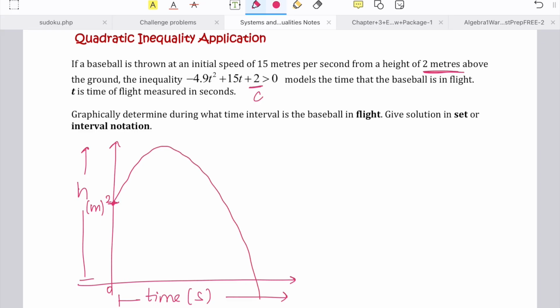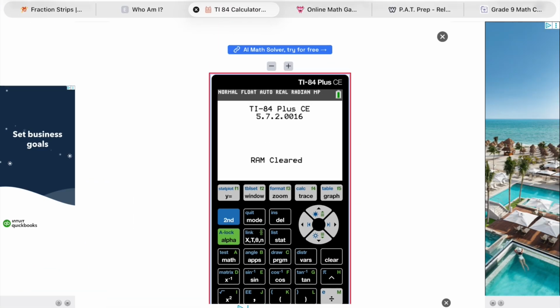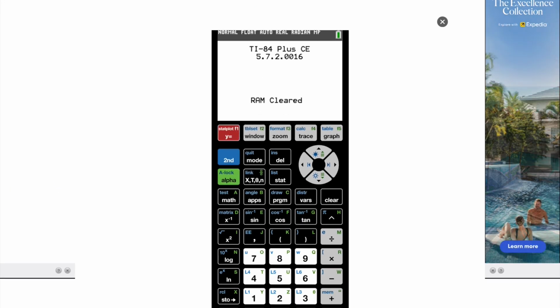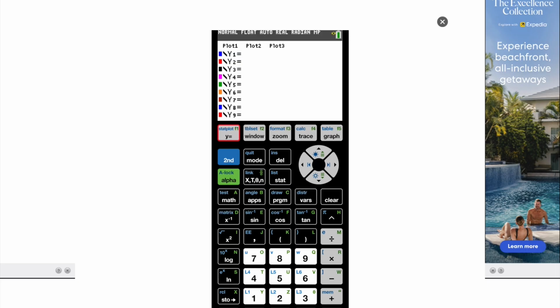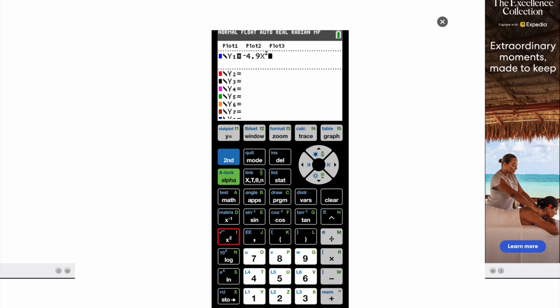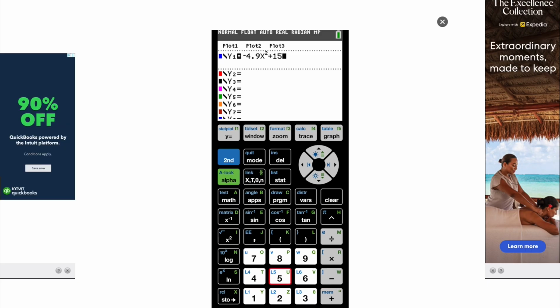You could convert this using factored form or vertex form, or completing the square or product sum factoring, but I'm just going to use a calculator. So y is equal to, I'm just plugging in the equation, 4.9x squared plus 15x plus 2, and graph it.